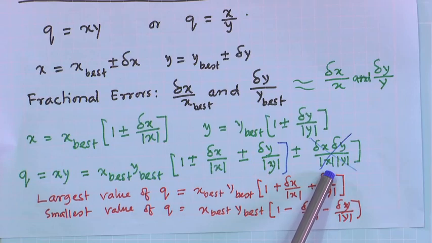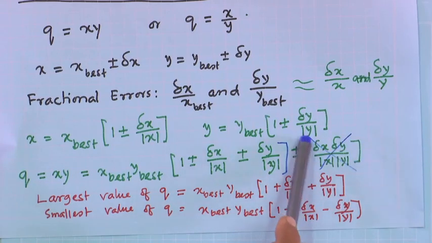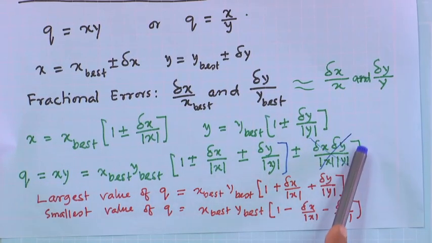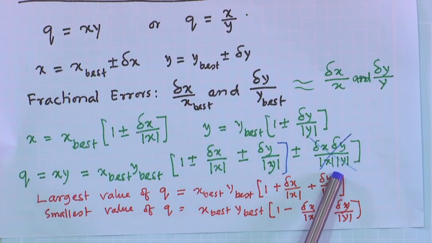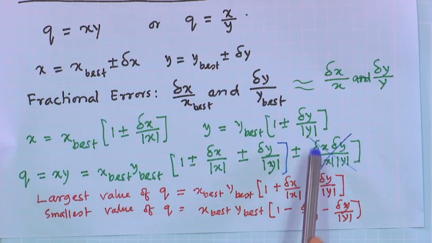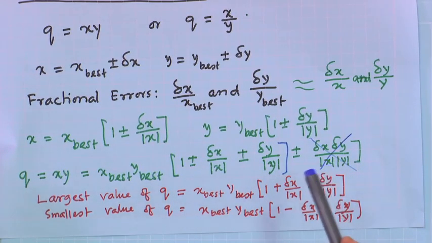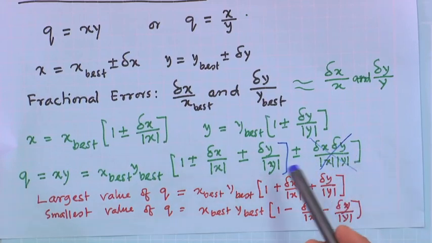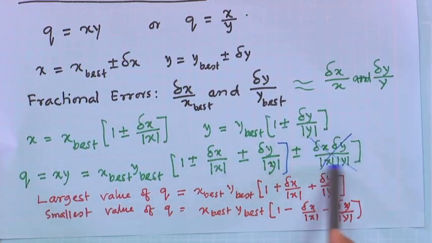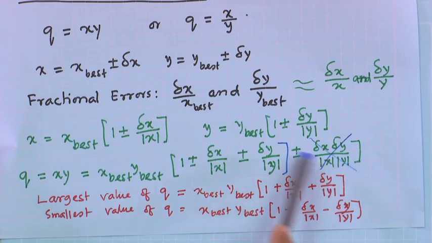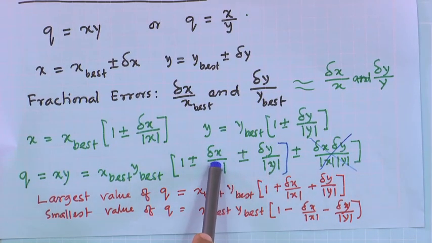Just I cancelled this one, I have not considered it, because it is a second order error. First order, second order, third order are higher order errors, and its value will be very small compared to the other two first order errors.